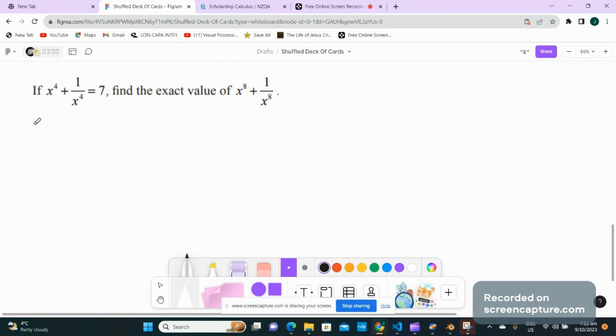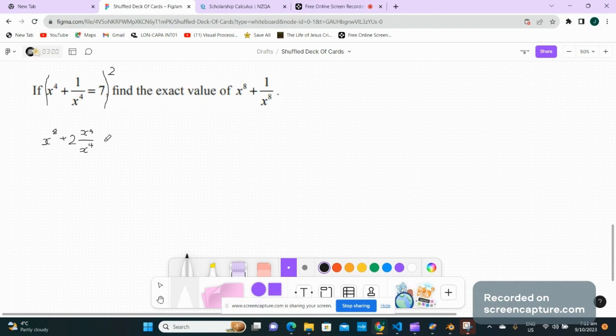You're just going to simply square this, and you'll get x to the 8 plus 1 over x to the 8. Okay, so we'll just try that. If we squared this, we're going to get x to the 8 plus x to the 4 divided by x to the 4, and that's going to happen twice, so I'll just put a 2 here.